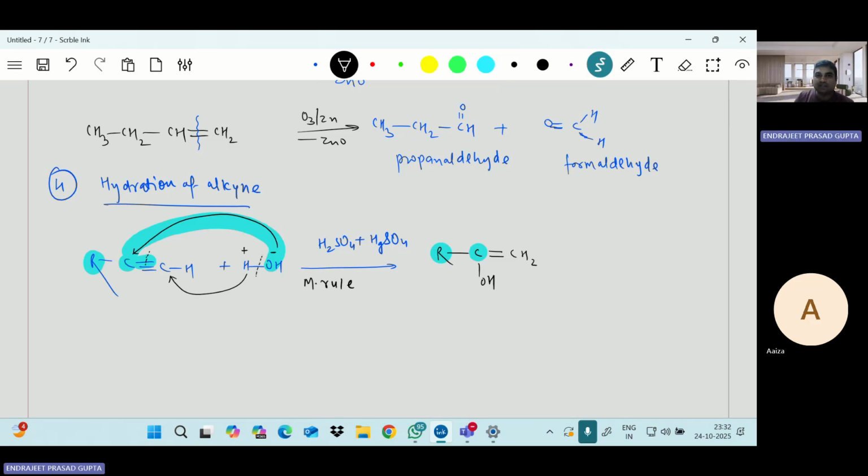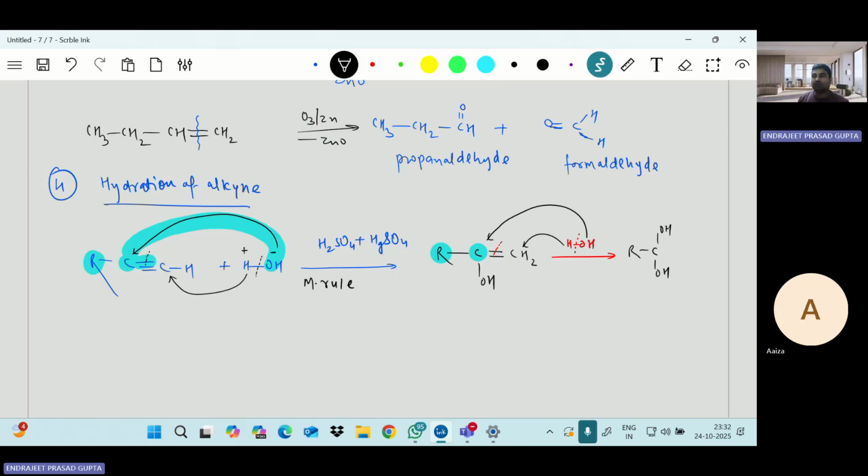There is again an addition because a double bond is there. So if this breaks, again you add the water. The negative part will be added to the carbon which contains less number of hydrogen, and this hydrogen will be added to this carbon. So RCOH. Are you getting what I'm trying to say?